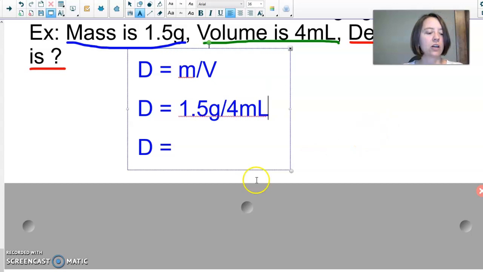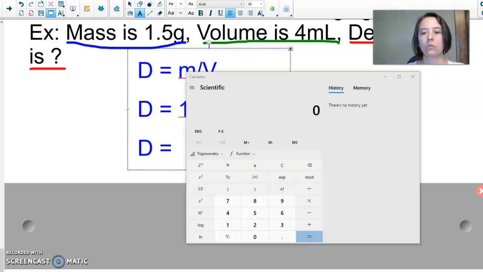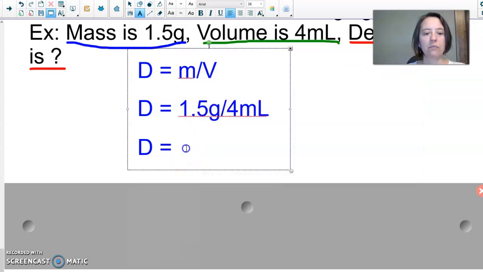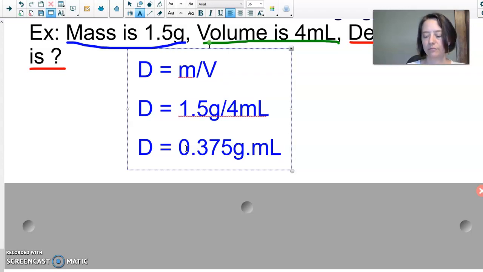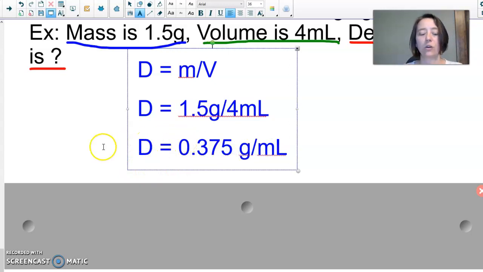And then we're going to get out our calculator and do the math. 1.5 divided by 4 equals 0.375. 0.375 grams per milliliter. Oops. Grams per milliliter. That is not our final answer, though. That's our math answer, not our science answer.